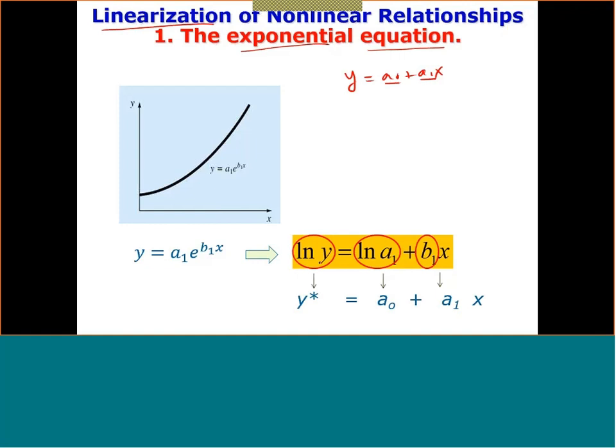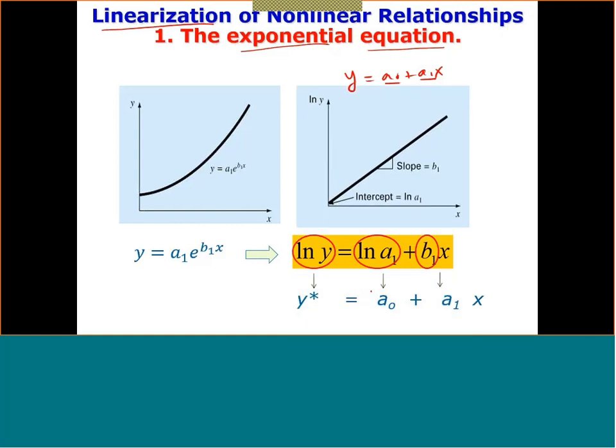Okay, so now I have linearized the function in that format, and now my graph is like this. The y-axis is ln y, the x-axis stays as my x, and here the slope is my b1, and the intercept is a0, or ln a1.